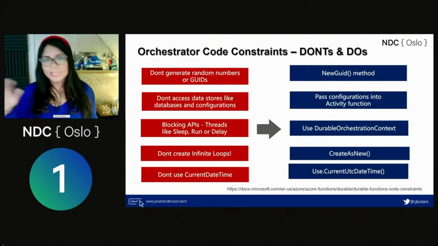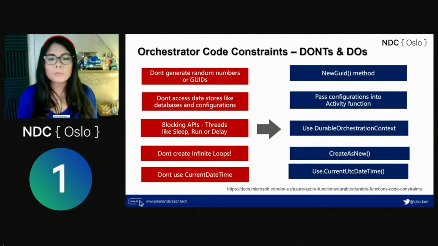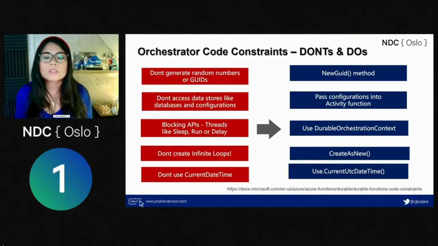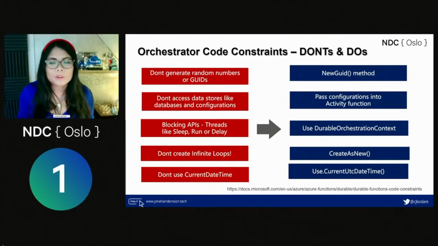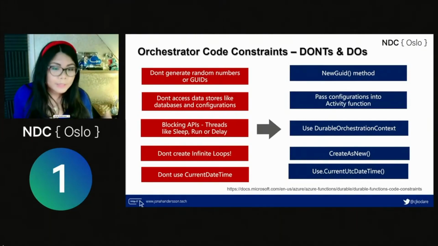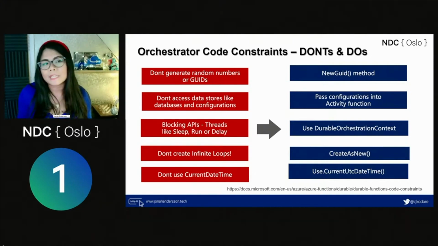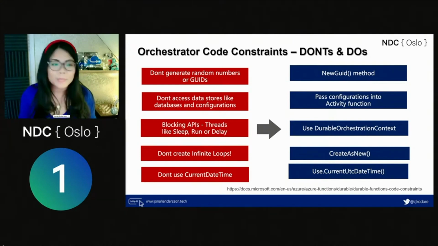And if you really need to repeat the process or have a loop, what you can do is make use of the method ContinueAsNew and call another method or activity function in your orchestrator. And there's also a method specific for datetime, CurrentUtcDateTime, if you need to have the datetime in your orchestrator. So those are the do's and don'ts, and these are only some of the things that I listed out. There are more actually in the link that you see below.